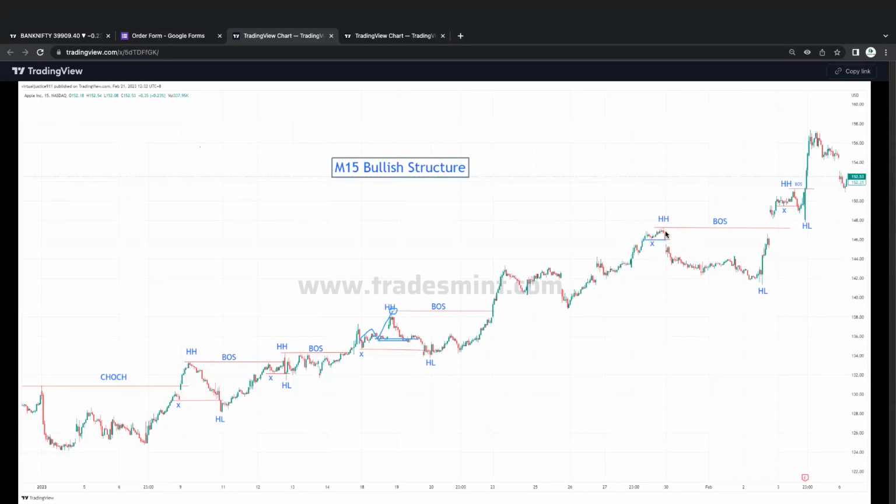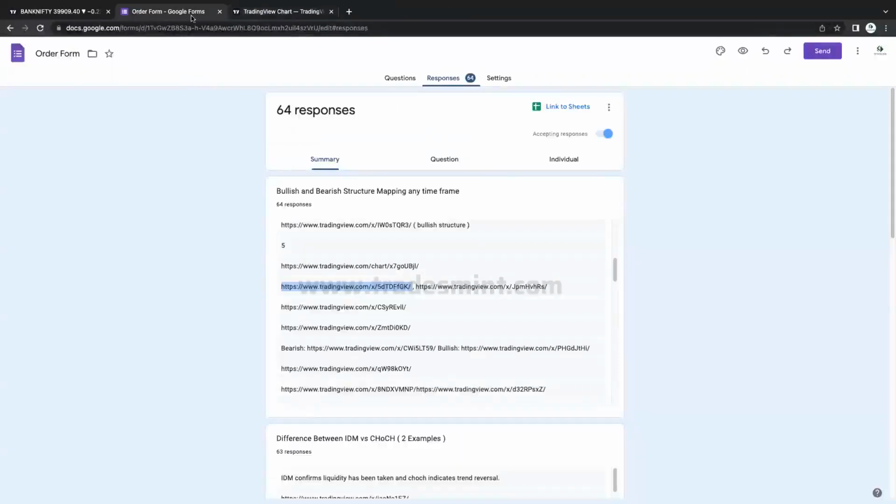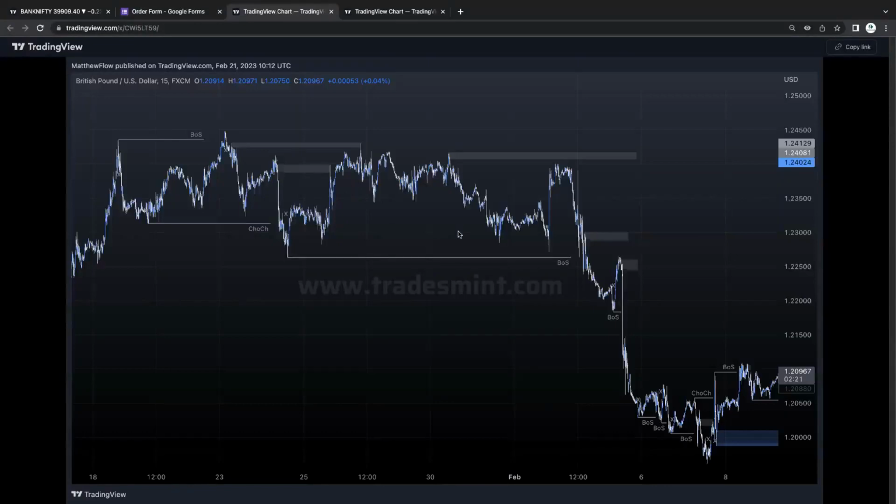Okay, yes, correct, and the structure mapping is correct. Break of structure, choch, and push downside, BOS, inducement. Okay, and this one also looks good.